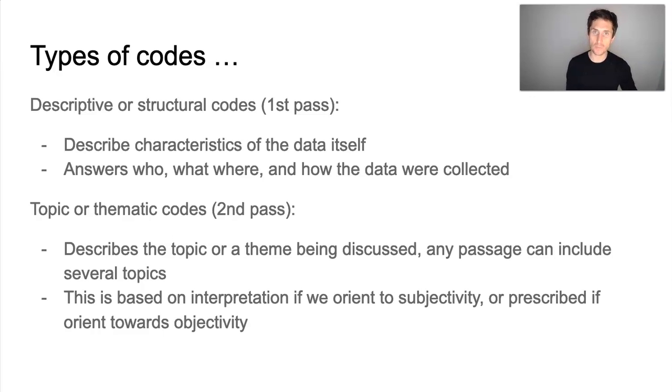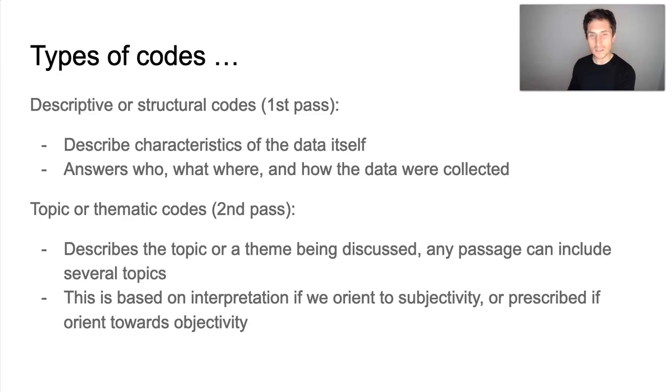Now, in our second pass, we're going to reread maybe the same transcript if it's an interview, or look at the same set of objects or the same set of memos. What we're going to try to do is describe instances or particular examples in some sort of more general way. That passage can include multiple ways in which we orient ourselves to the broader questions we're looking to tease out.